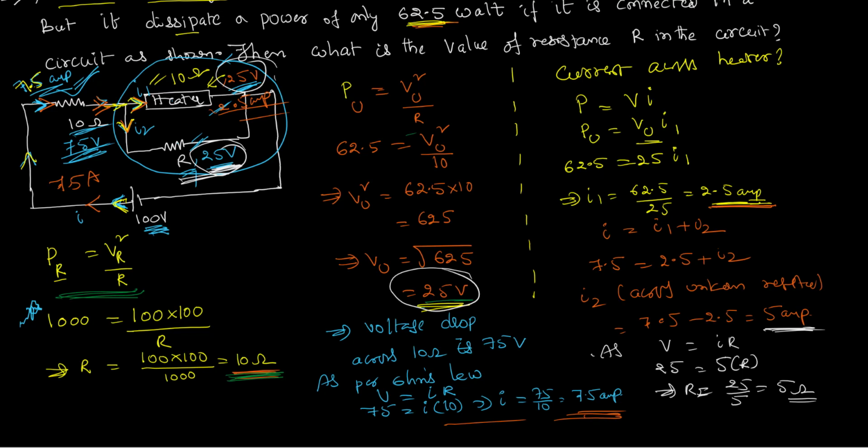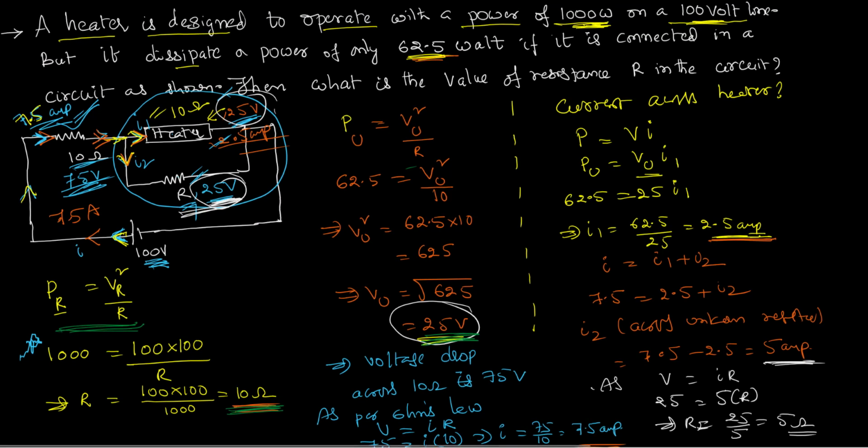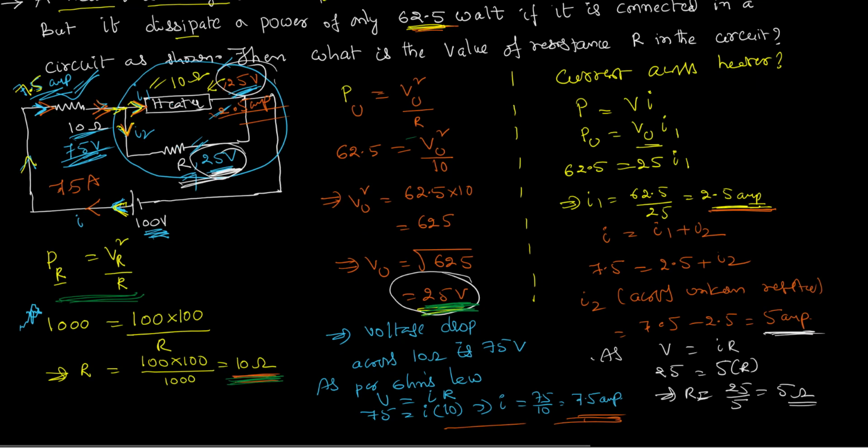So though it is designated to work for, say, 100 volts, it is able to withdraw only 25 volts. Then I have calculated further. Once after knowing the 25 volts, I have identified that this 100 volts is shared across this 10 ohms and this heater and unknown resistance parallel combination.